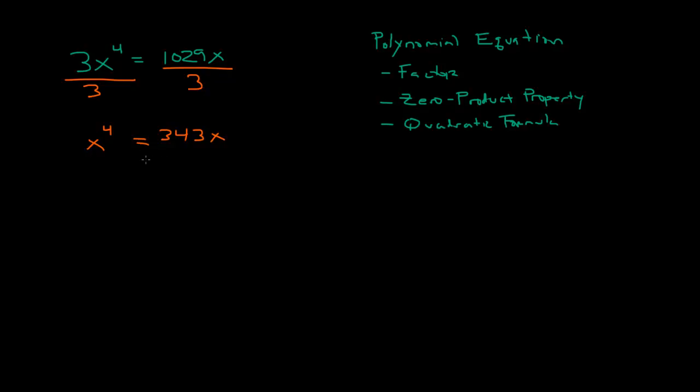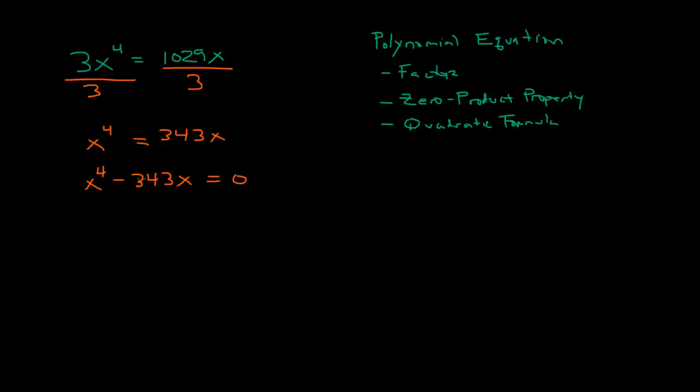I would like to keep this positive, so I'm going to subtract 343x from both sides. We can rewrite this as x to the fourth minus 343x equals 0.